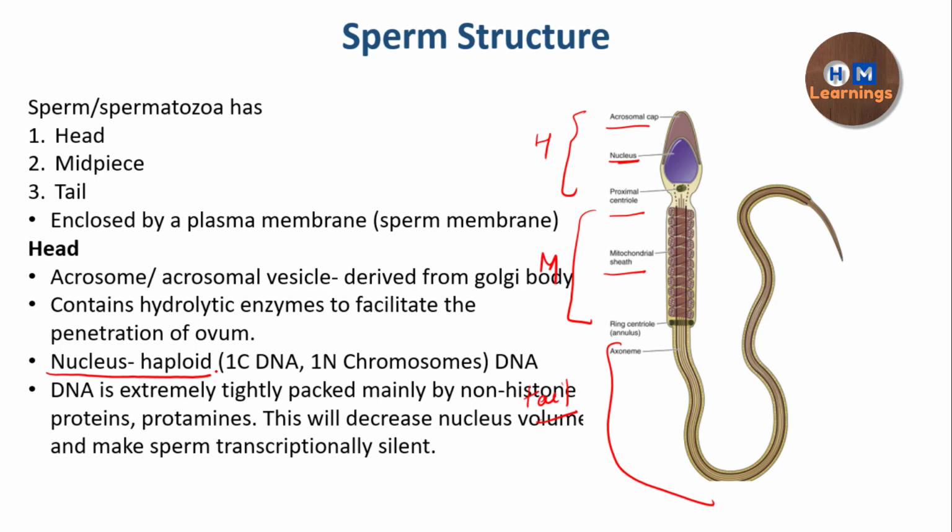These are involved in densely packing the DNA, and this finally leads to a decrease in the volume of the nucleus. And because DNA is so tightly packed, always remember that no transcription happens in the sperm. The sperm is transcriptionally silent. So that is about the head.